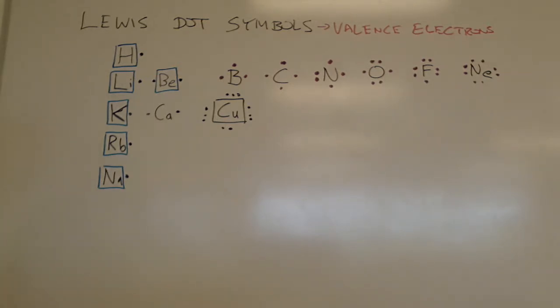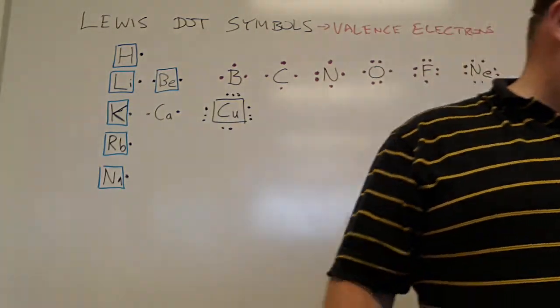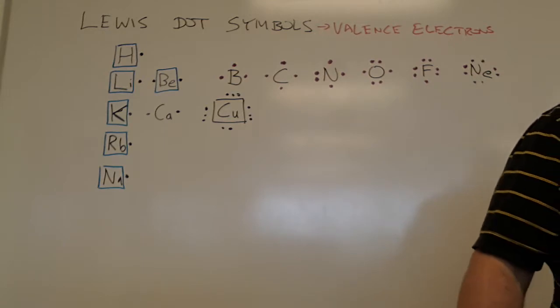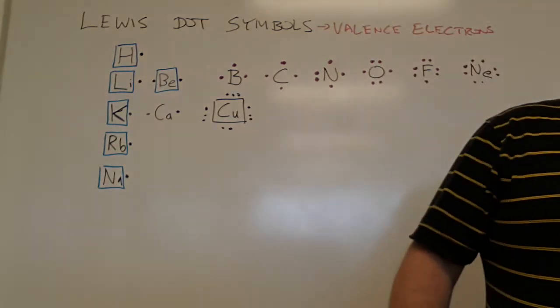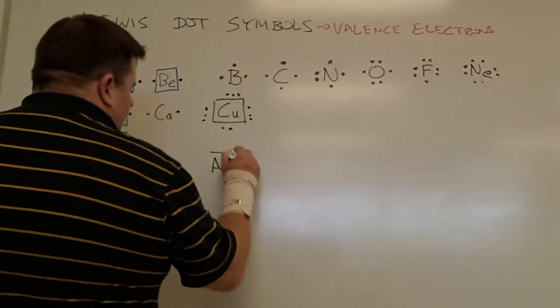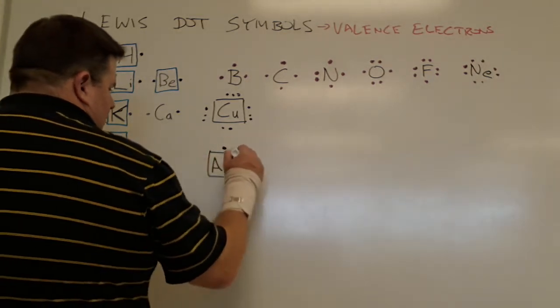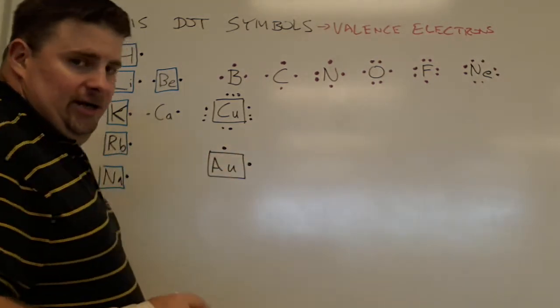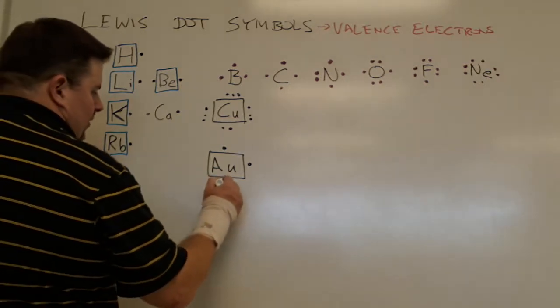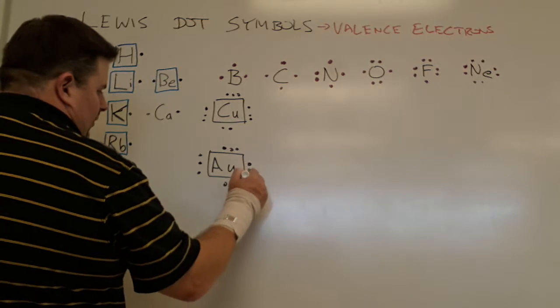Not to mention the fact that I've got dots on either side of the element. Let me show you what happens when we try to do this Lewis dot approximation with, let's do platinum. Actually, let's do gold. It's in the same row as copper. So gold has 2 electrons for the s, and it's still got those 9 d electrons. So let's just write it the same way as I did with copper up at top.